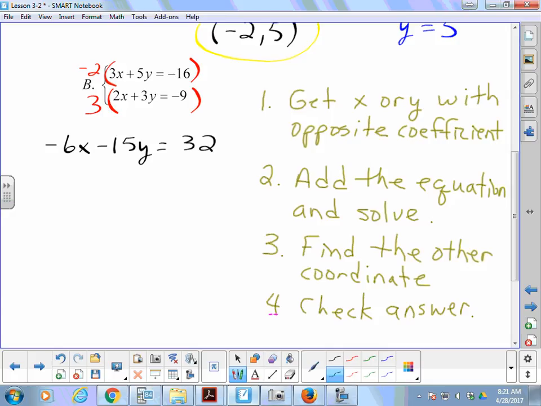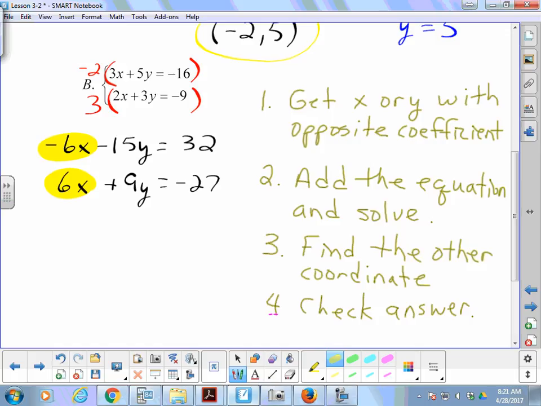I multiplied everything by -2. Then the second equation, I'm going to multiply everything by 3. So we get +6x plus 9y equals -27. So my x coefficients are now opposites.